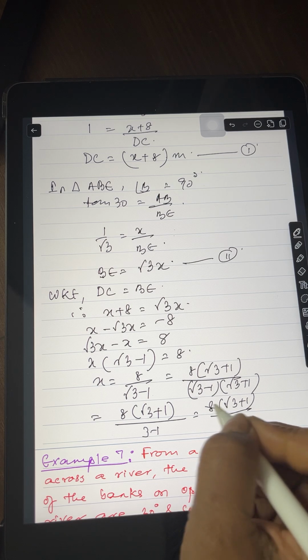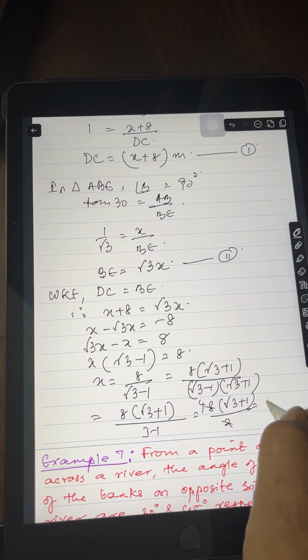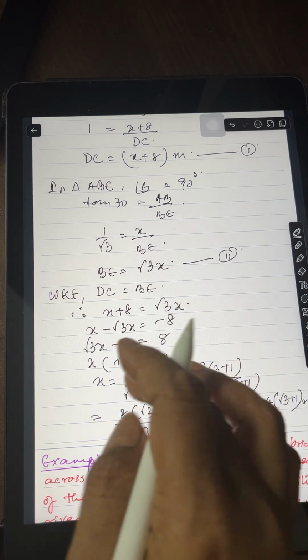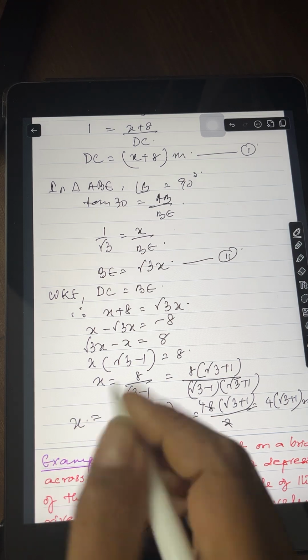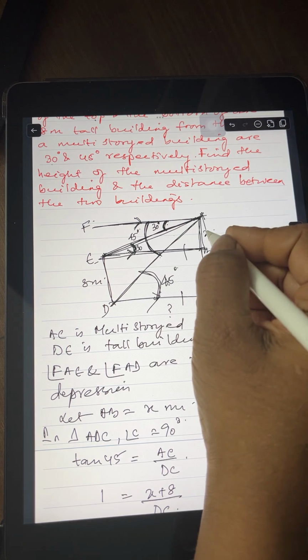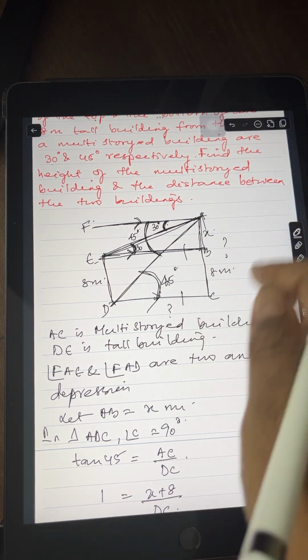The 2 and 8 cancel, and you get 4 (root 3 plus 1) meter. This is your answer for x, that is, AB.